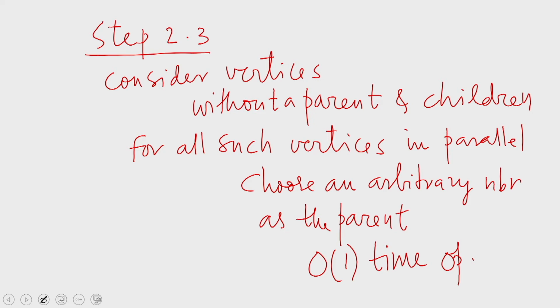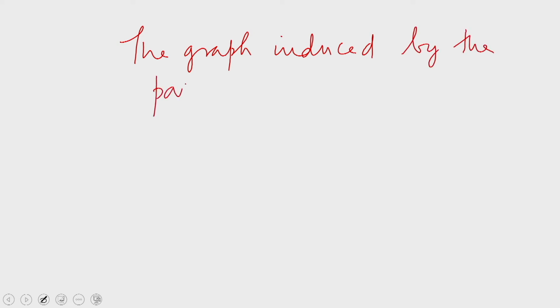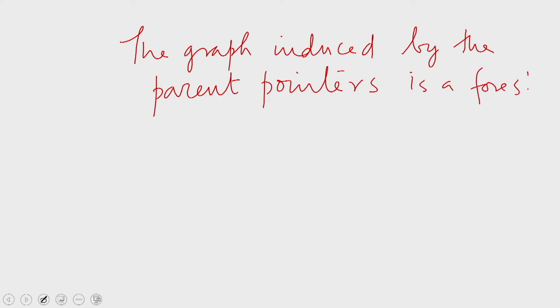Now, I claim that the graph induced by the parent pointers is a forest, which is a collection of several trees. Now, why is this a forest?